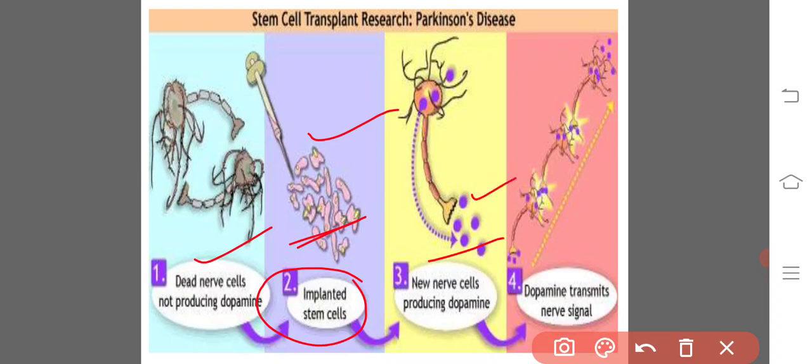They can produce dopamine, and this dopamine acts like a neurotransmitter and transmits the nerve signal. To make this happen, all these neurons should be substituted in the brain and they have to mingle with the other neurons to work out the whole process.